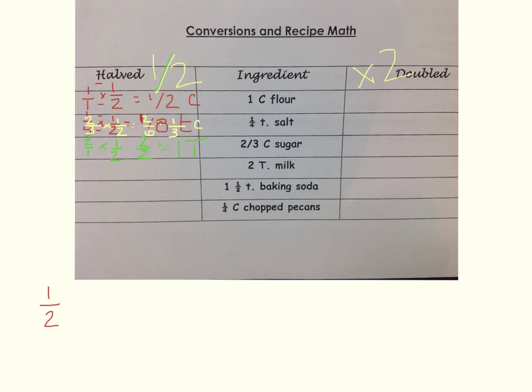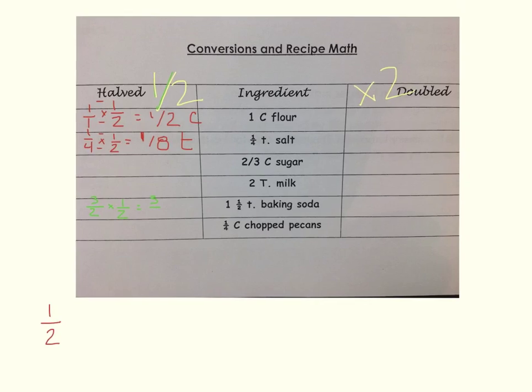We can tell that this is actually 3/2 times 1/2, and we get 3/4. So 3/4 of a teaspoon. Our last one then, this is the trickiest one you will ever do. 1.5 divided by half is 3.25.